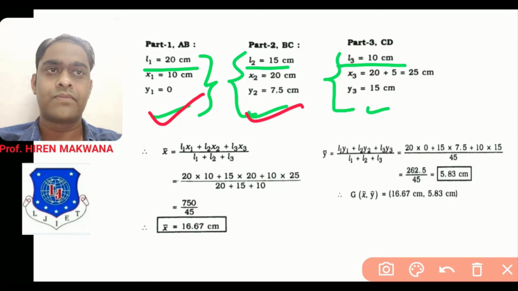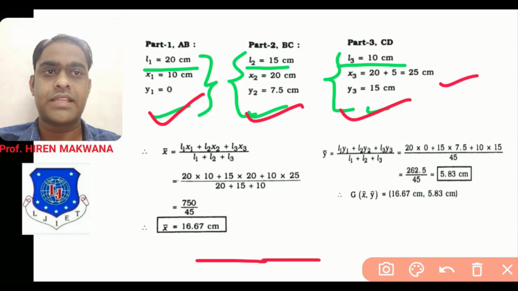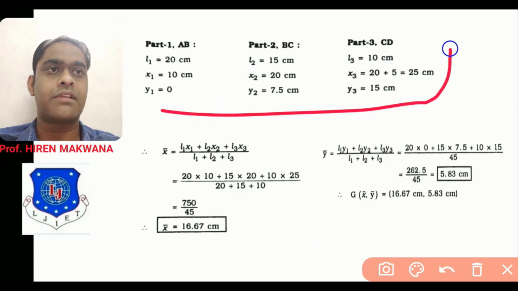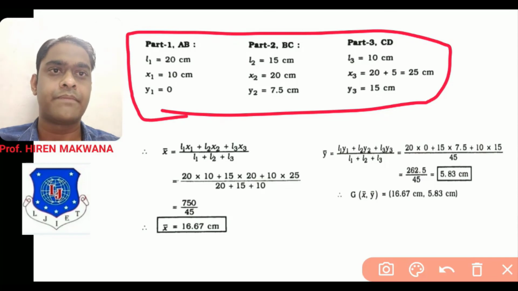For part 2, horizontal from the y-axis is 20 centimeter and vertical is 7.5 centimeter. You can go back and check in the figure. For part 3, x3 will be 20 plus 5, means 25 total centimeter. y3 will be vertical 15 centimeter. You can check back in the figure. So these are the calculations for part 1, 2 and 3 respectively.